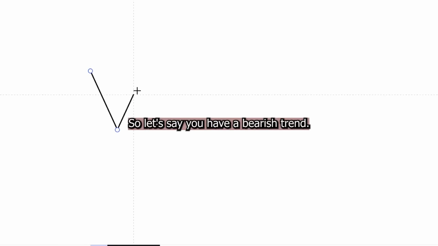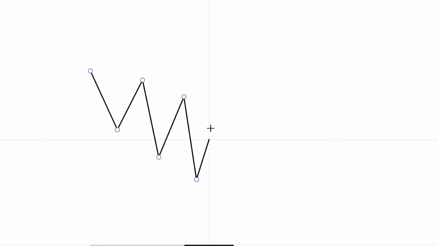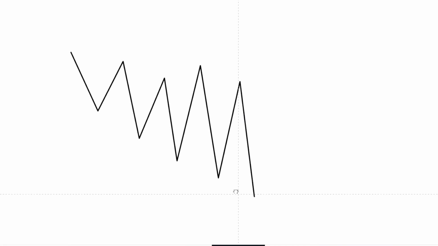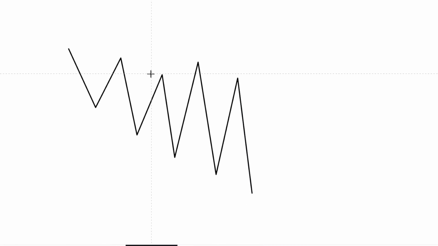So let's say you have a bearish trend. You would wait for price to take the opposite swing, which in this case would be your swing high, and then come back down, take down the swing low, retrace, and then break. This was your swing high being taken, which is your opposite swing.